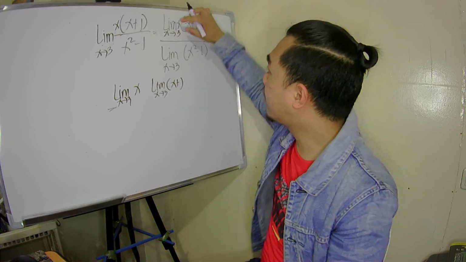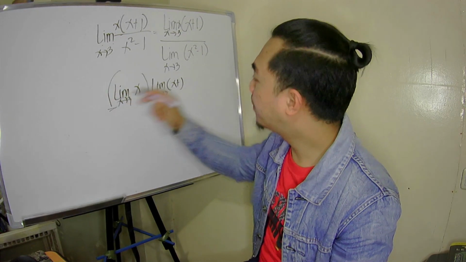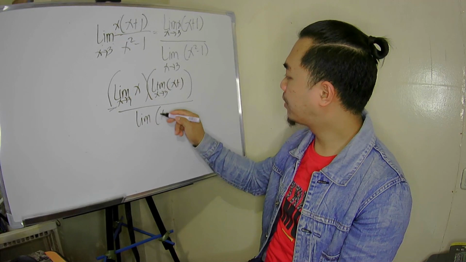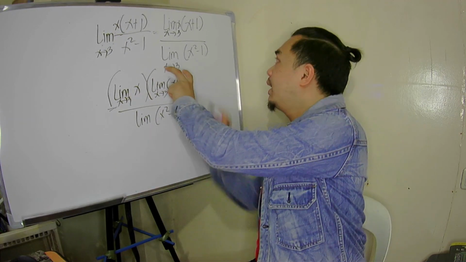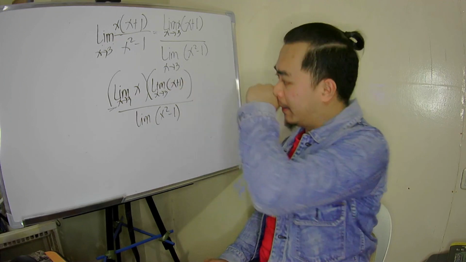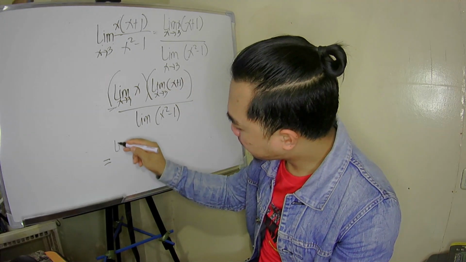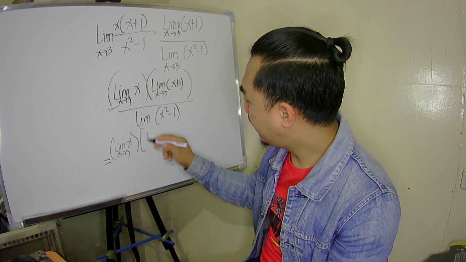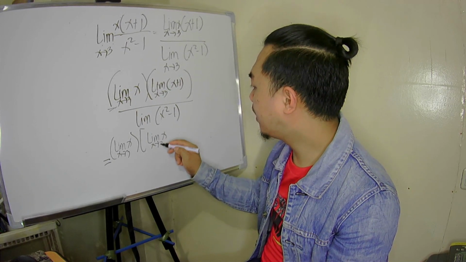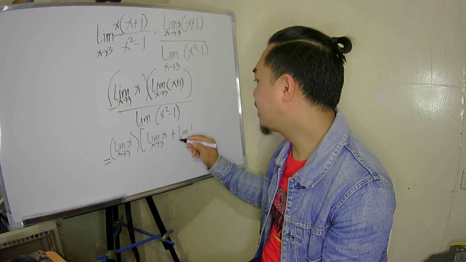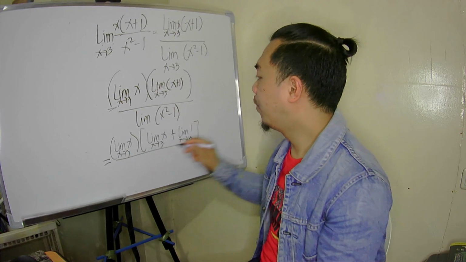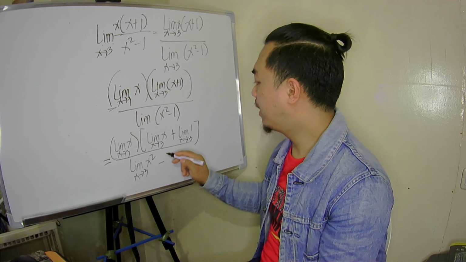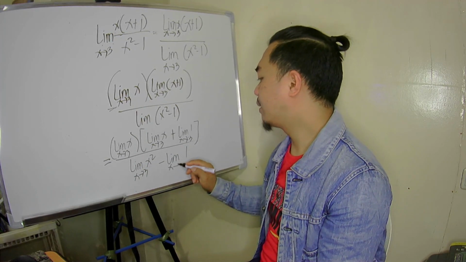And since these are products, we can make it a product of two limits. Copy x squared minus 1, and then here, we can apply the sum again. So, it becomes the limit of x as x approaches 3 plus the limit of 1 as x approaches 3, over, the same here, the limit of x squared as x approaches 3 minus the limit of 1 as x approaches 3.